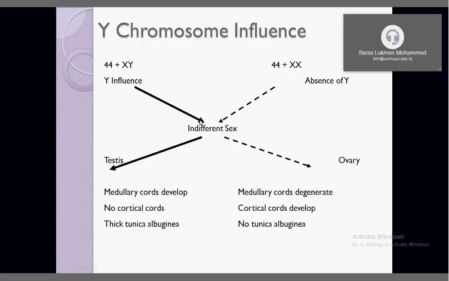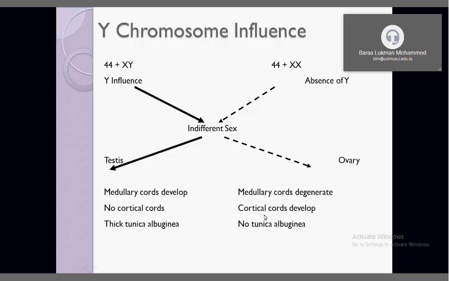In the indifferent stage, as we said, the gonad is not distinguished. It has an inner medulla and outer cortex. With the influence of the Y chromosome, the indifferent gonad will be differentiated into a testis, where the medullary cord develops and the cortical cord regresses, and there will be a tunica albuginea.